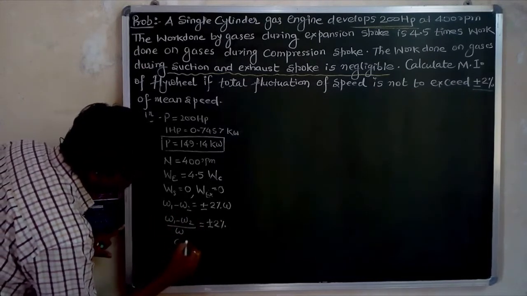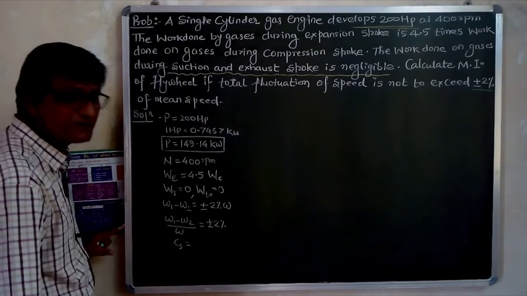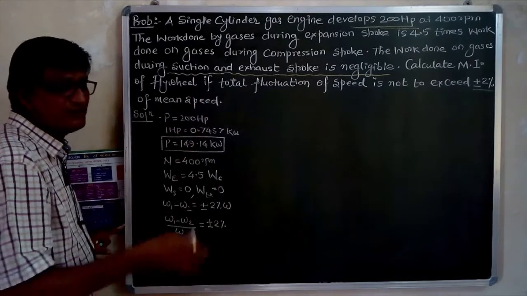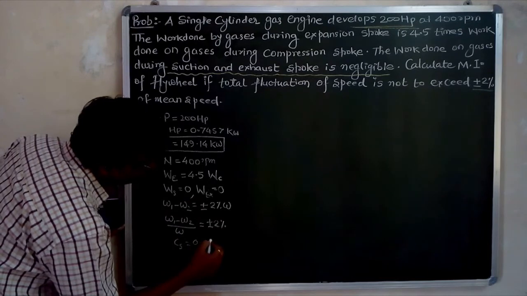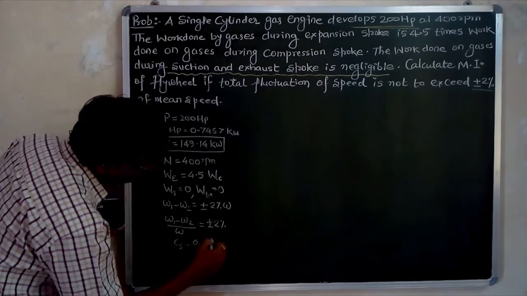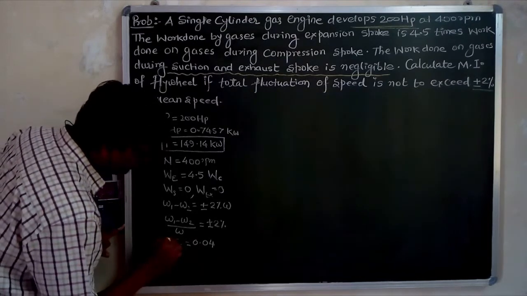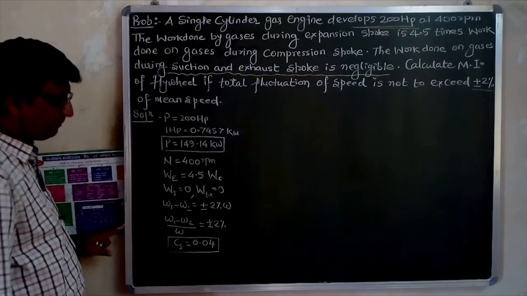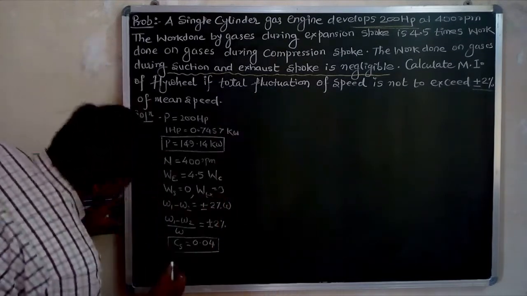This is Cs, the coefficient of fluctuation of speed. That means plus 2 above and minus 2 below, that will be 4%, which comes out to be 0.04, that is 4 divided by 100. So this is all the data written here.